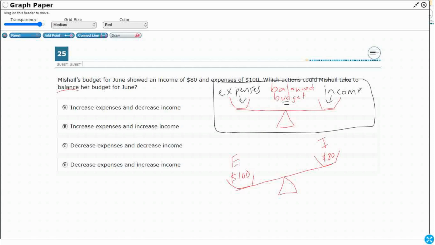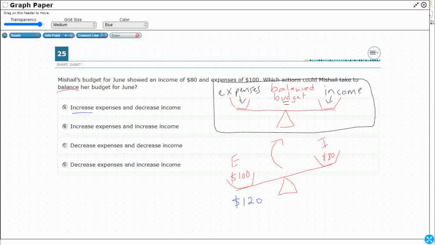So we turn this into this. Well, let's look at our options here. So first, increase the expenses and decrease the income. Okay. So if my expenses increase, that means it's going to get bigger. It's going to get like $120, okay?